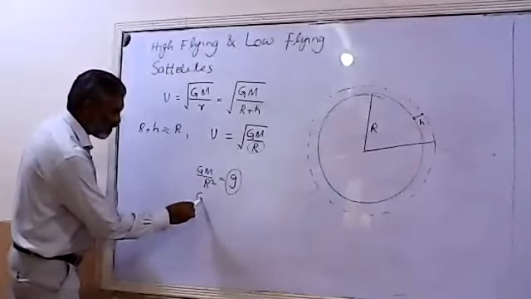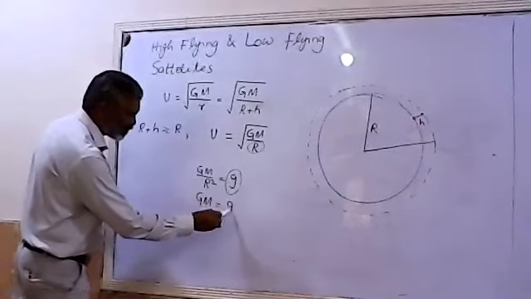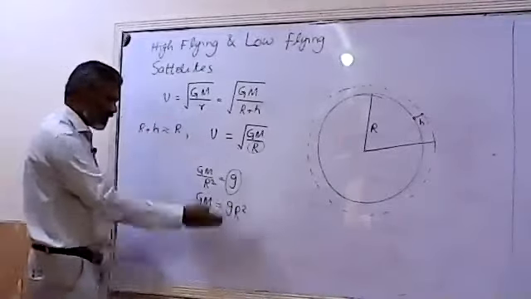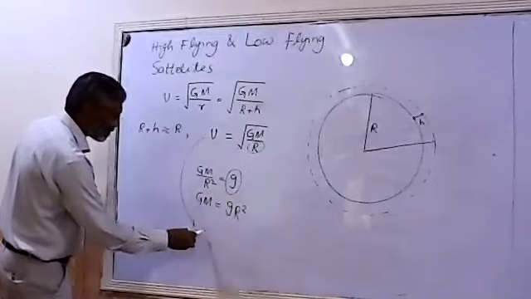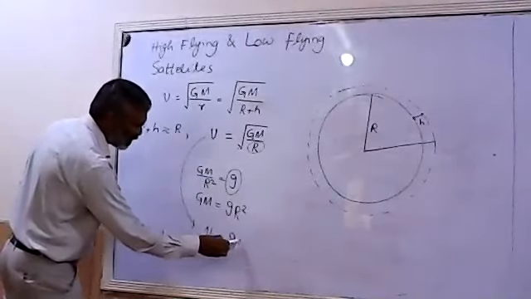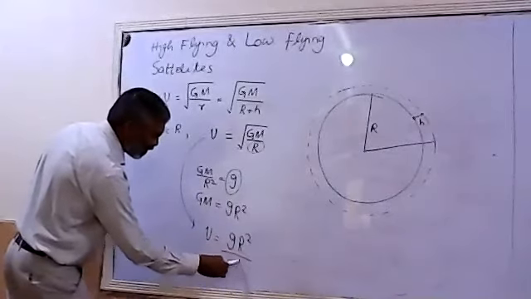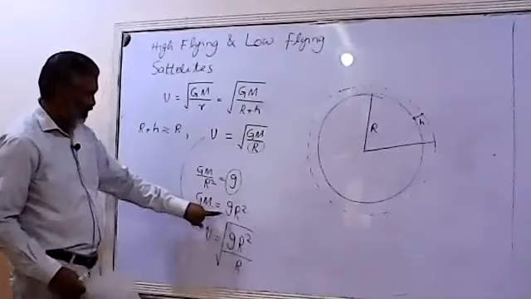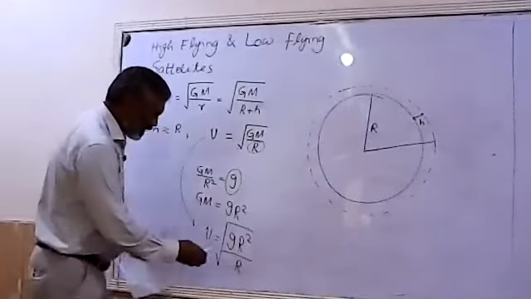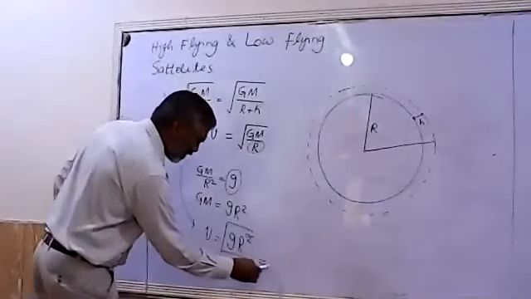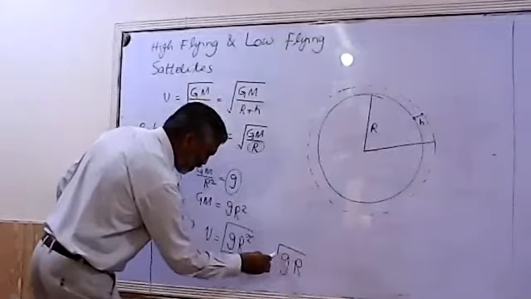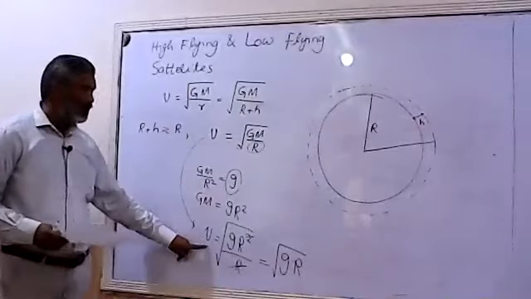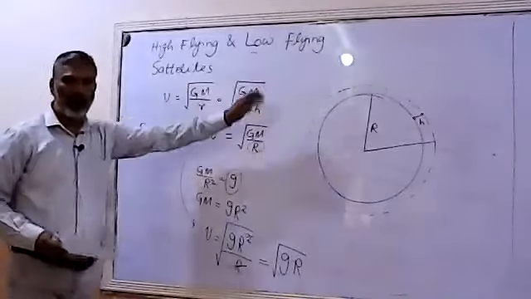If we equate this GM to g R square, our expression for v is changed further, and this becomes v equal to the square root of g R square over R. We have replaced this GM by this g R square, and with this R gets cancelled, and the square root of gR is the final expression for the orbital speed of those satellites which are low flying.